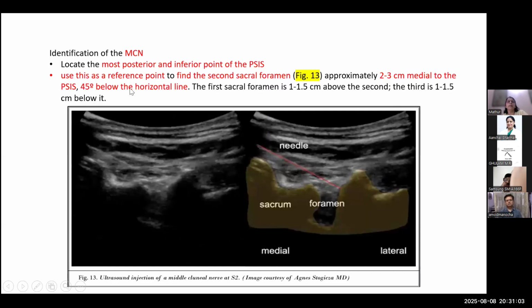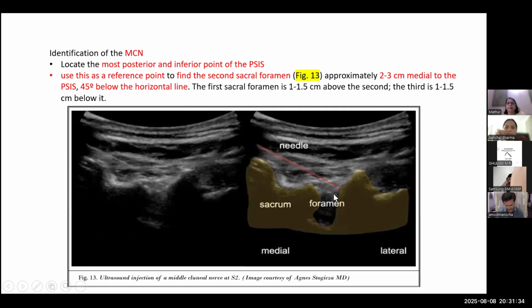For identification of the middle cluneal nerve, locate the most posterior and inferior point of the posterior superior iliac spine and use this as a reference point to find the second sacral foramina. So approximately 2 to 3 centimeters below the posterior superior iliac spine and 45 degrees below the horizontal line.